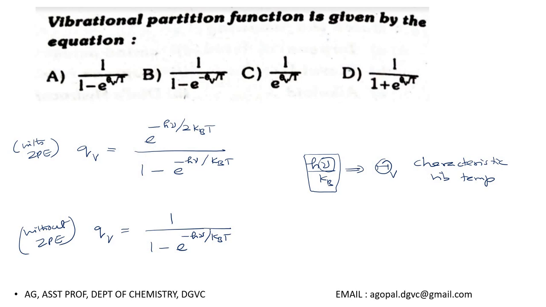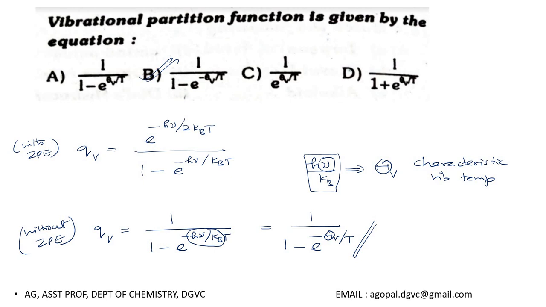So I am going to replace h nu by kB by theta V, and you can write this expression as 1 by 1 minus e power minus theta V by T. This is the expression for the vibrational partition function without zero point energy. In all 4 options, the options are given without zero point energy. So the correct option is option B.